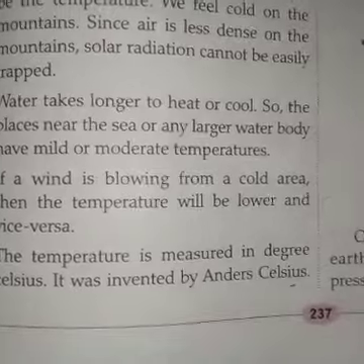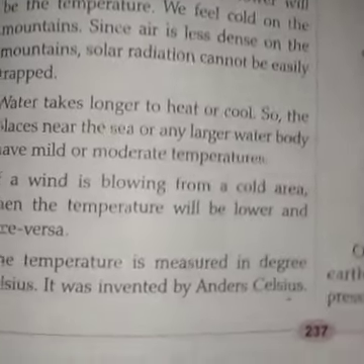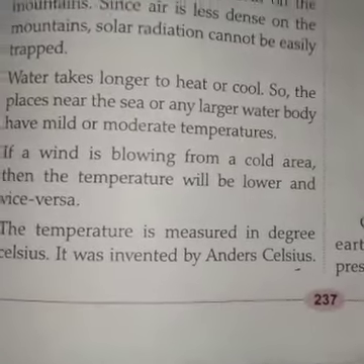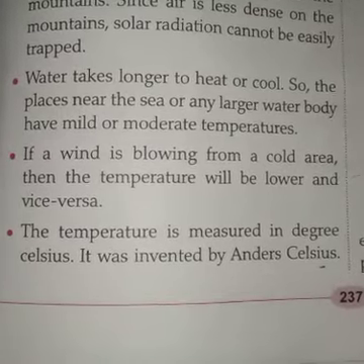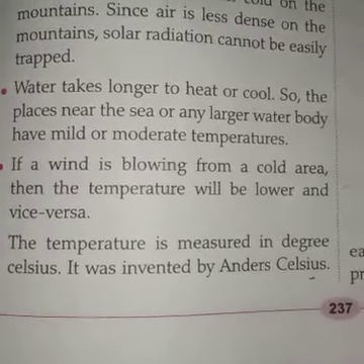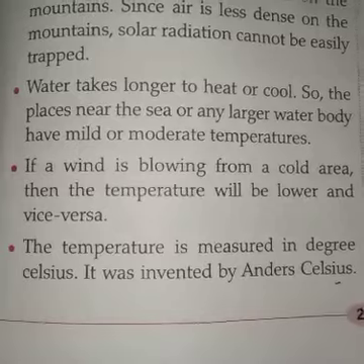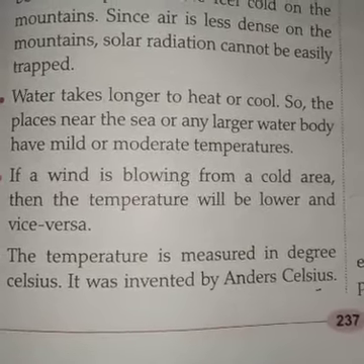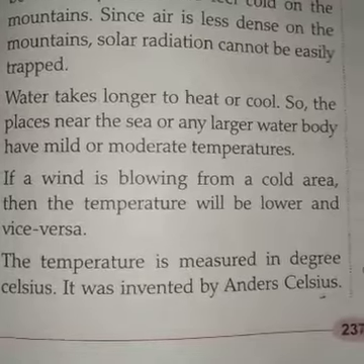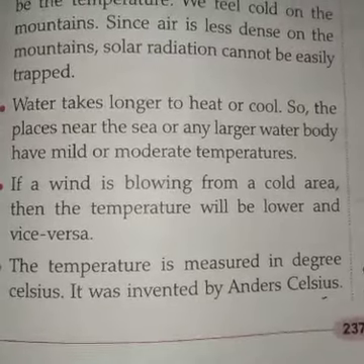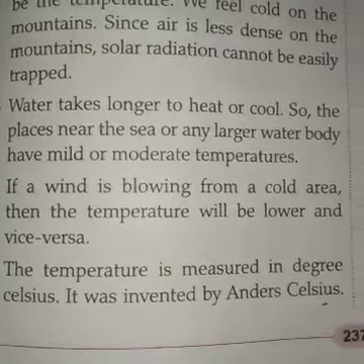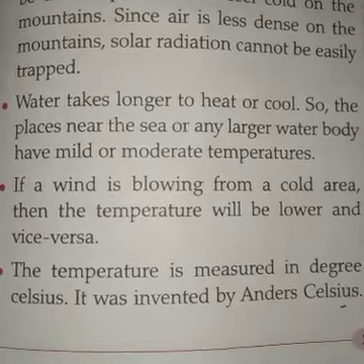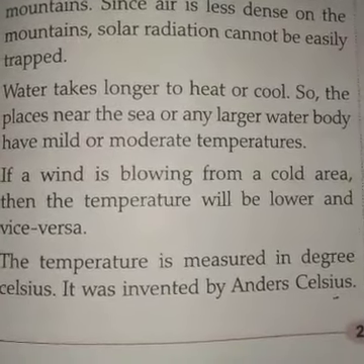Then when we go to a coastal area, which kind of weather or climate do you experience? The answer is a moderate type of climate, because they have a hot and humid climate. The property of water is that it warms slowly and it cools slowly.